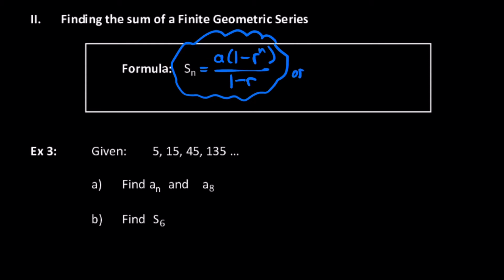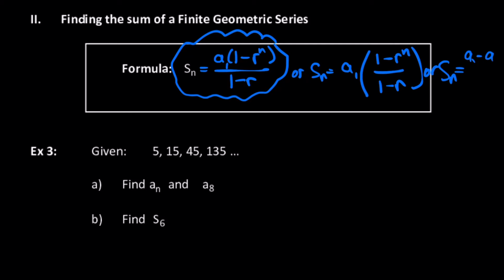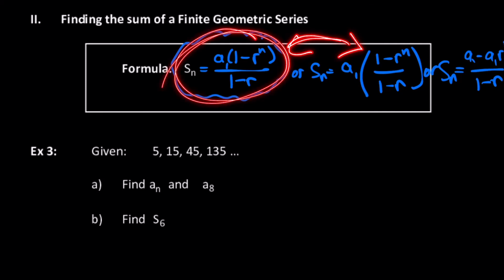But you might also see something like this, where they bring the a sub 1 out front, and then in parentheses you have 1 minus r to the n over 1 minus r. It's the same expression. Or sometimes they'll distribute that a sub 1. So you see a sub 1 minus a sub 1 times r to the n over 1 minus r. And that way is a little bit more cumbersome, obviously. So mainly these two, and I prefer this version.